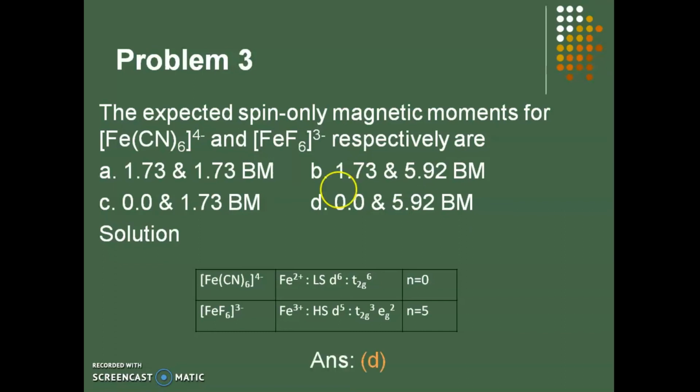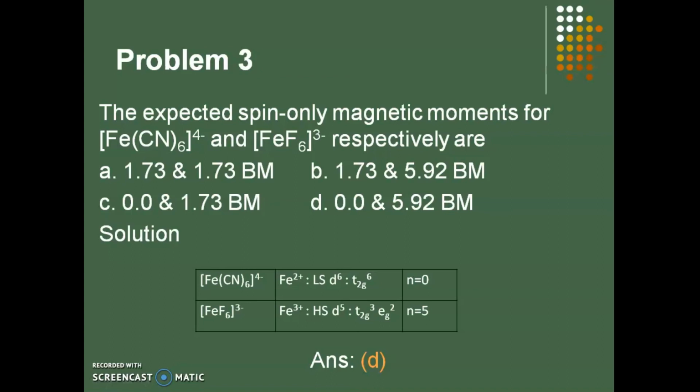Now, why do we have to look into the problem first and do this first? Don't look into the options first, because when you first read the options, our mind will be set with the options. On seeing this 1.73, we may mistakenly think that this complex is 1.73, but this is actually 0.